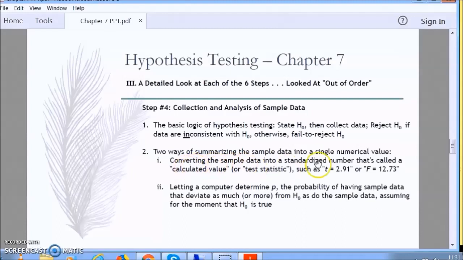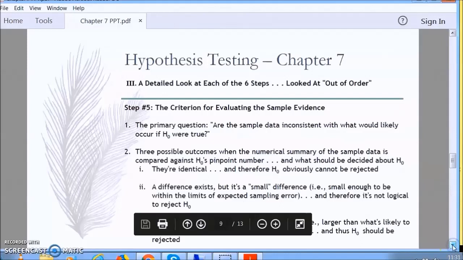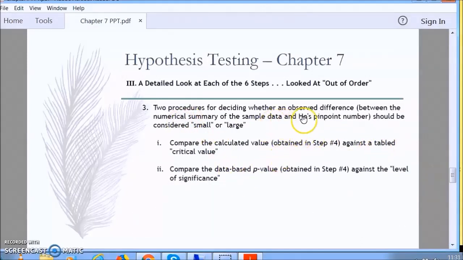One was a calculated value, that is the T or the F or the chi-square, and then it was the p-value. And here it is, those two procedures. The researcher cannot himself or herself decide what it means to be a small or a large difference. They have to have some criteria, and this criteria is either the critical value or the level of significance.